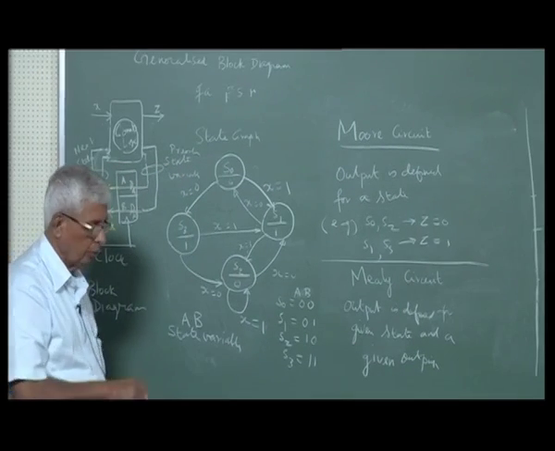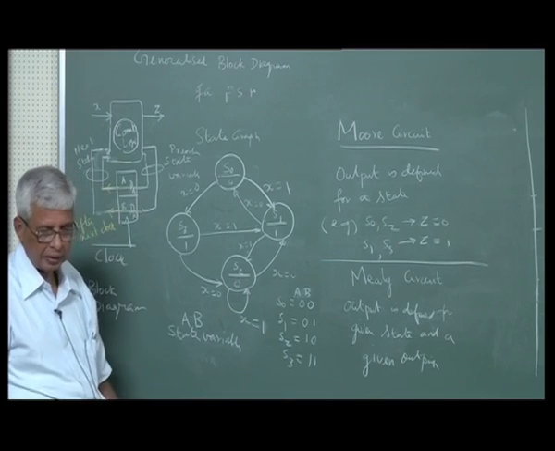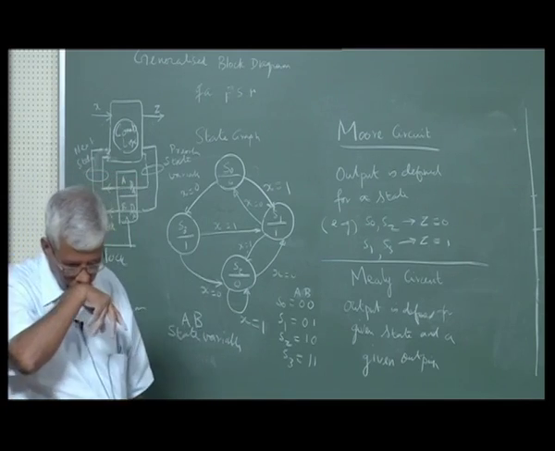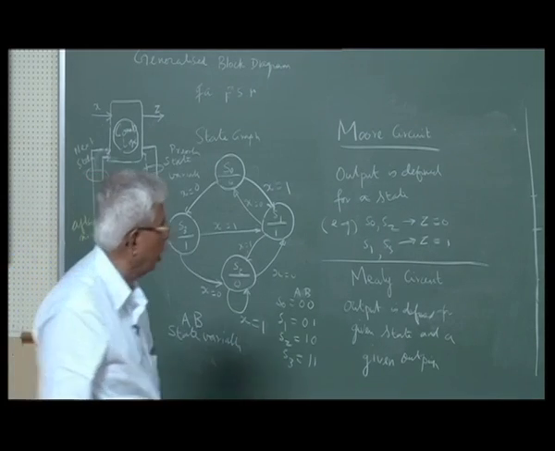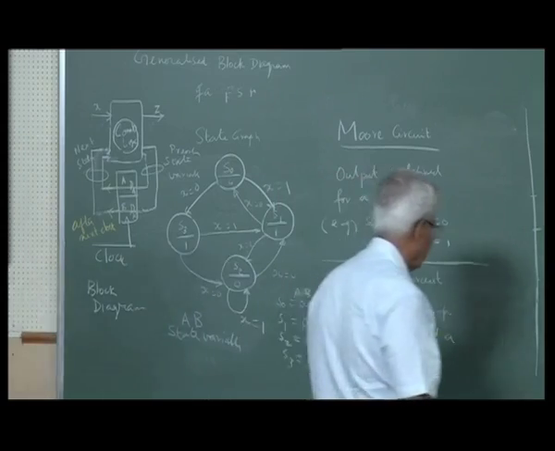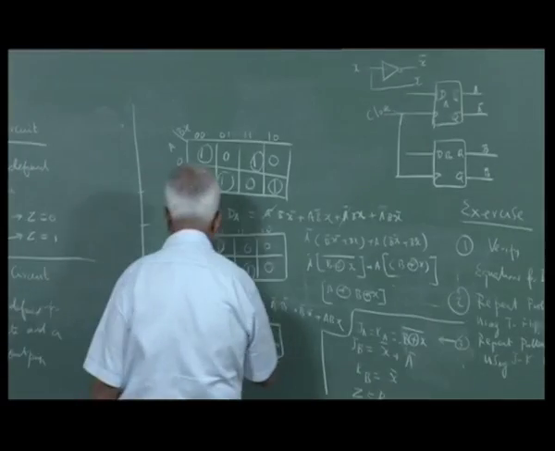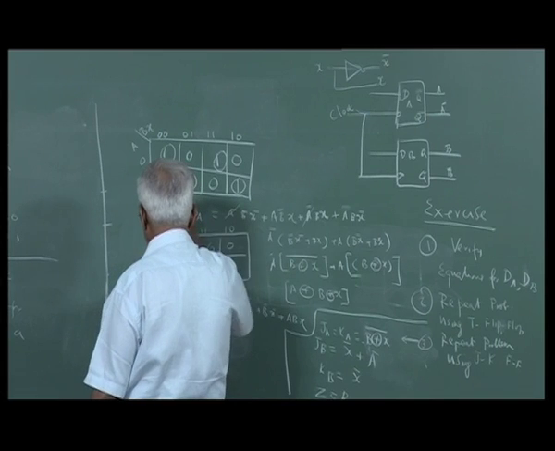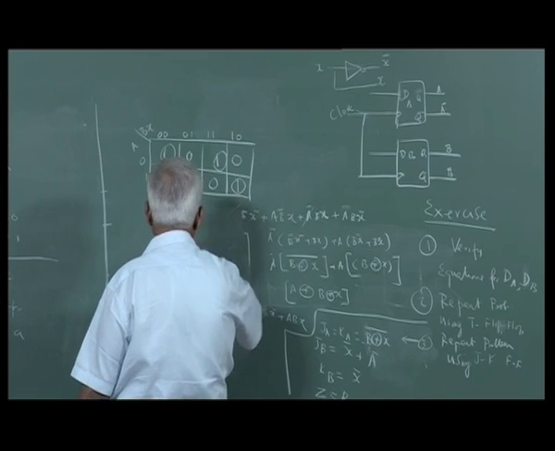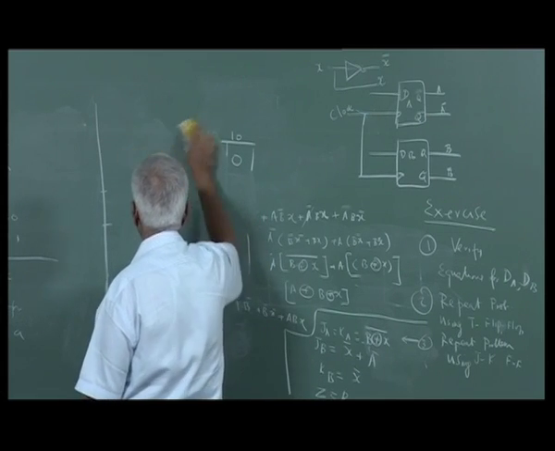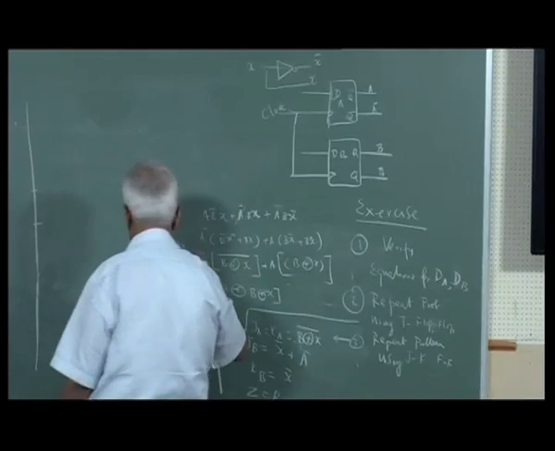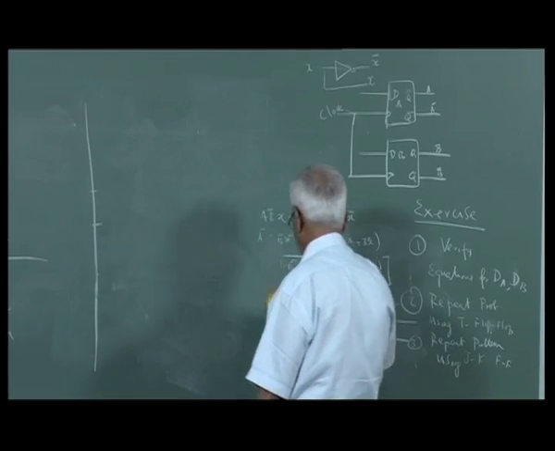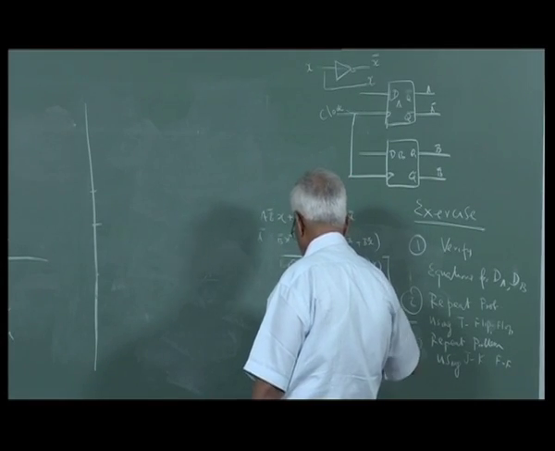Now, we will take one example of Mealy circuit and do the design. In practice, you find more Mealy circuits than Moore circuits, and Mealy circuit requires a little less hardware, not a whole lot less, somewhat less compared to Moore.